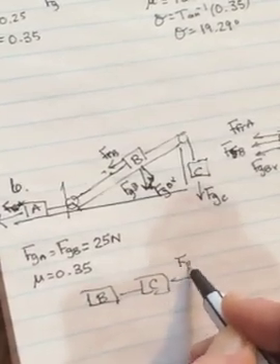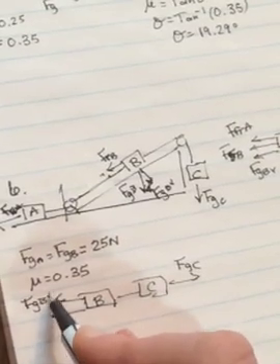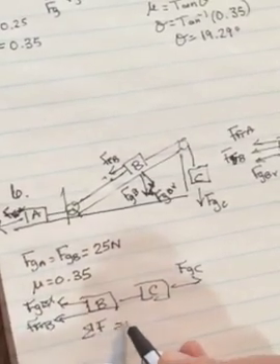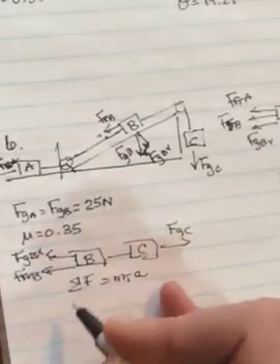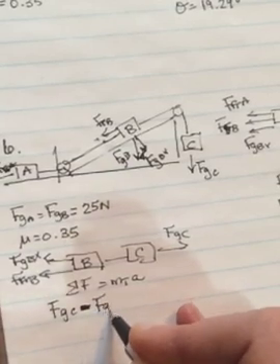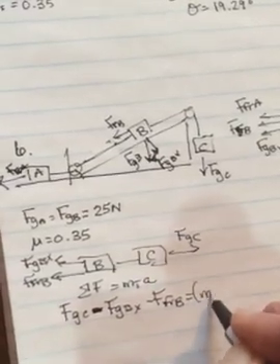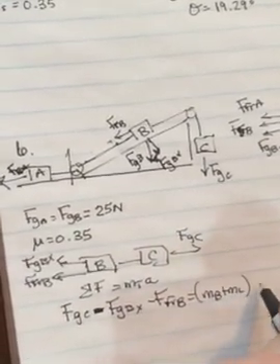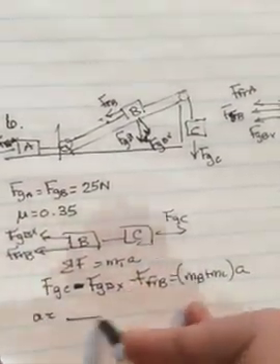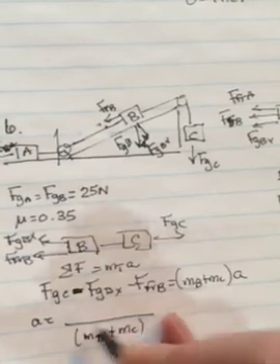And C is going to be FGC going this way. Coming back this time will just be two forces, FGBX and F of friction on B. If we do the sum of the forces is equal to M total A, it'll be FGC minus FGBX minus friction on B, and that'll be equal to MB plus MC times A. Okay, and this time you're looking for A. So A will be equal to all of this stuff divided by the two masses.